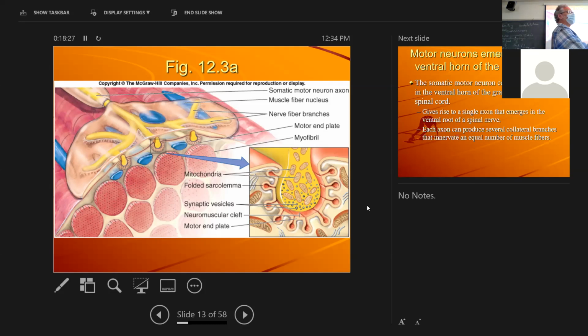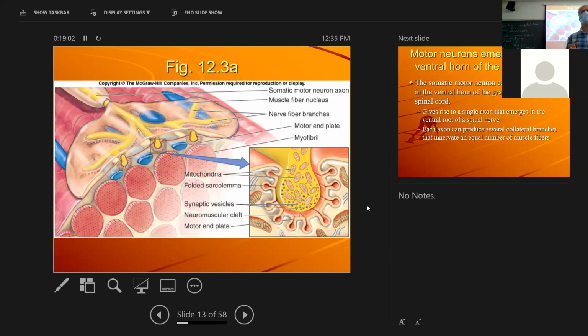The folded sarcolemma is enriched with nicotinic acetylcholine receptors. These are ligand-gated ion channels.